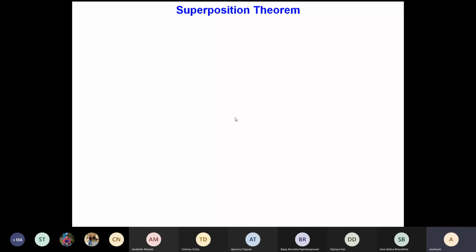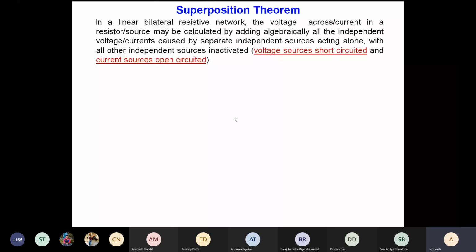So this is the statement of the superposition theorem: in a linear bilateral resistive network, suppose you find out the voltage across some element, the voltage across or current in a resistor or a source may be calculated by adding algebraically all the independent voltages and currents caused by separate independent sources acting alone.